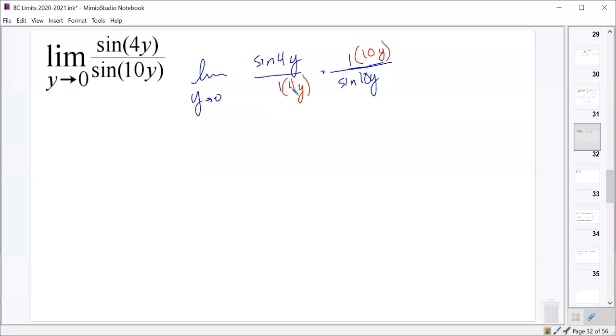But we did put a 4 down here, which means a 4 should go up here, and a 10 up here, which means a 10 should go down here. And we can pull out the constants that we aren't using, the 4/10. And now we'll turn that into the two different limits.